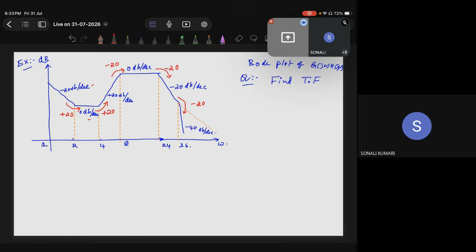Based upon this slope change, we decide whether we add a pole or a zero.